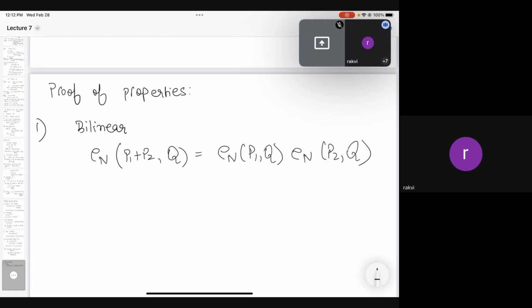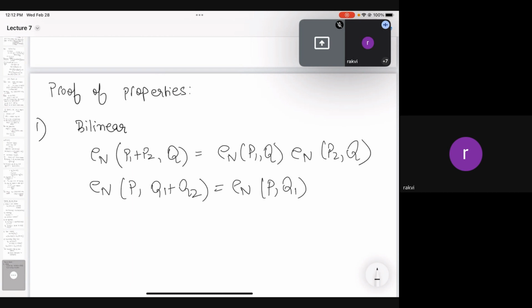Here we are adding in elliptic curves, but the target is roots of unity, and roots of unity form a group with respect to multiplication. That's why this addition becomes multiplication here. The same thing holds with respect to the other variable also: e_n(P, Q1 plus Q2) is simply e_n(P, Q1) times e_n(P, Q2).